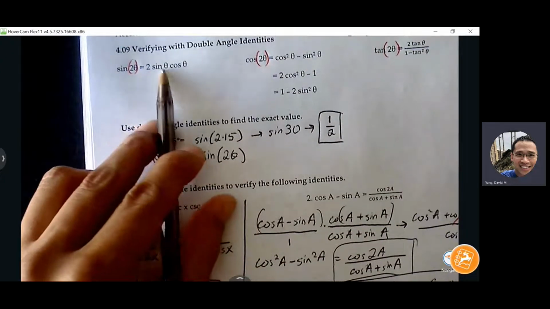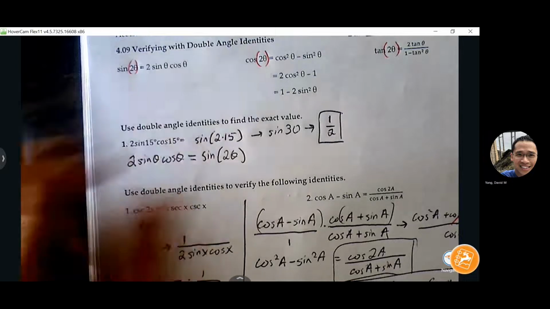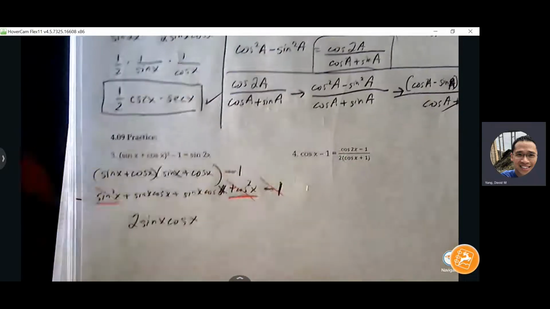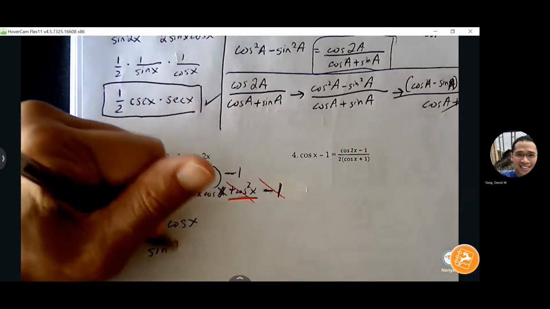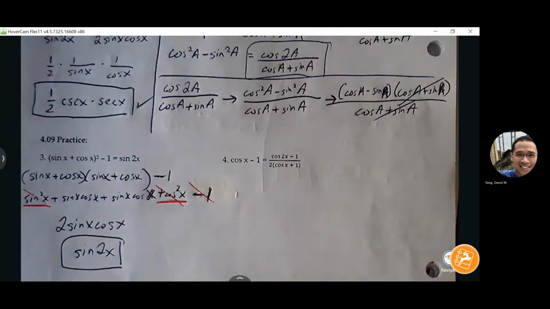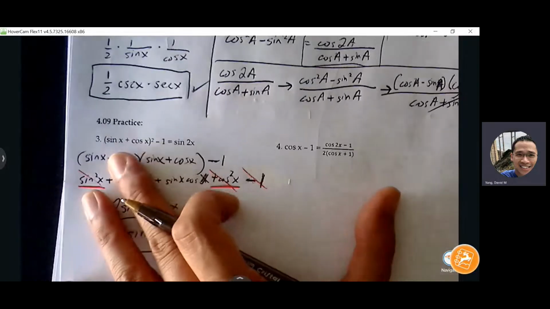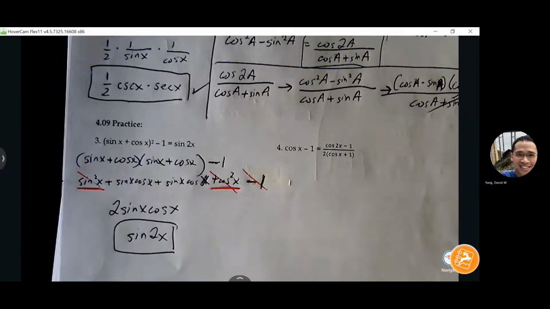Yes, so 2 sine x cosine x can be put together to make sine of 2x. Yeah, we took care of the +1 and -1 with that sine squared plus cosine squared. I'm skipping a few steps there, but let me know if you want me to connect the dots or if you want me to go back over what we did.